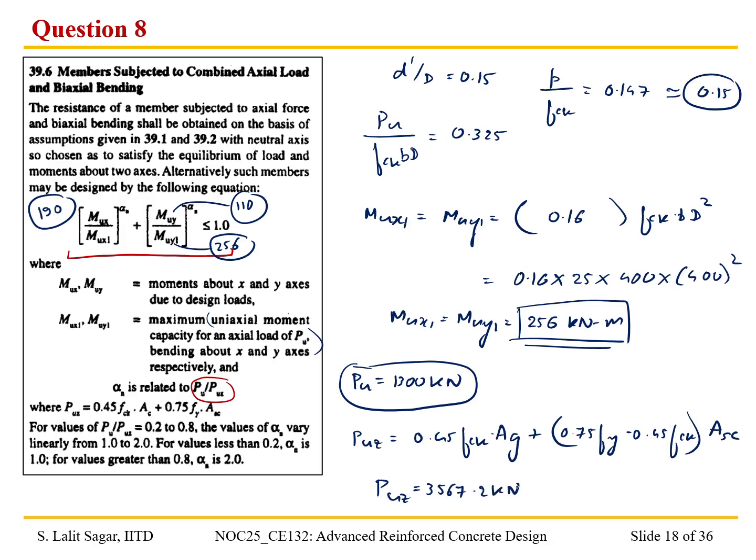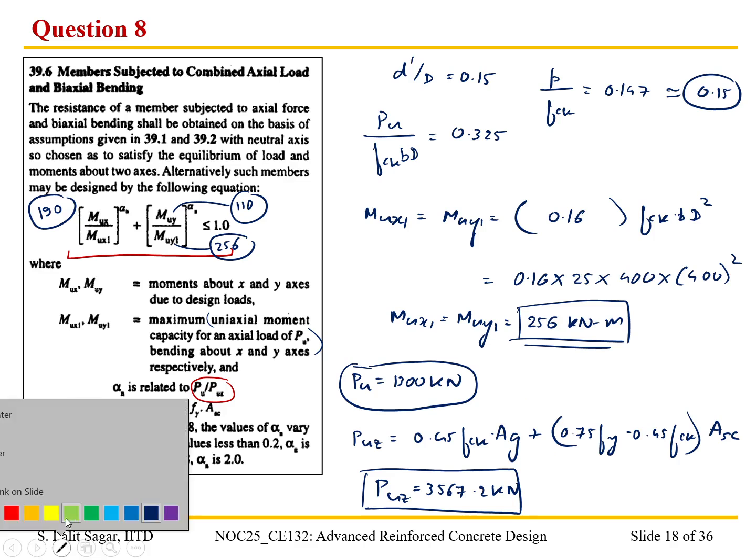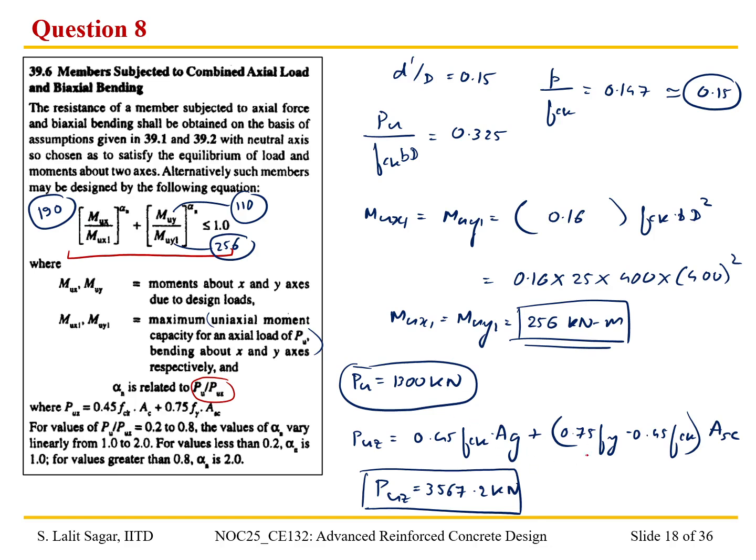This will be the value of Puz. Let me write down here, I'll take a different ink so that you can make out the difference. So we have Pu by Puz: 1300 divided by 3567, which gives me a value of 0.36.